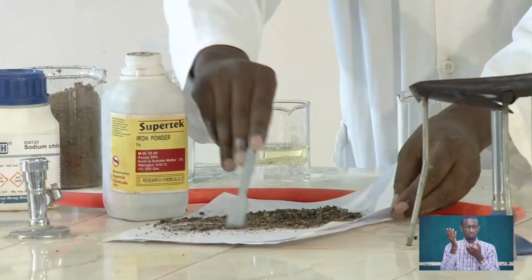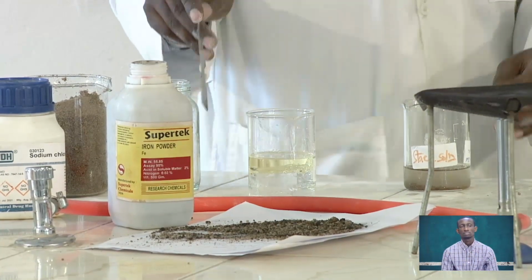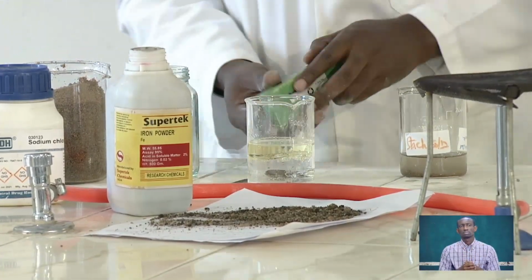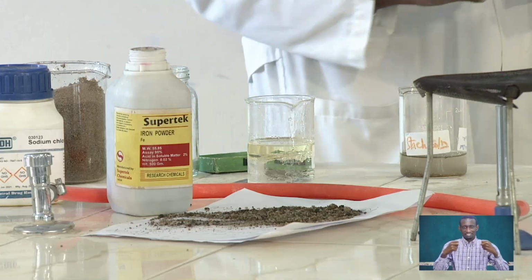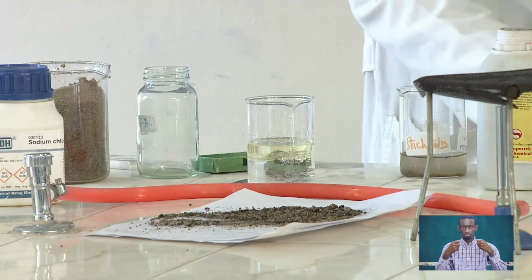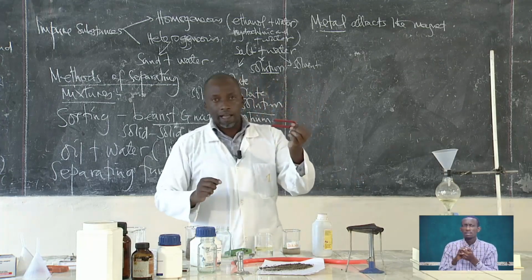So the method we use is very simple, as I've mentioned, the magnet. You use a magnet. And the only property that is employed here is that this metal which is mixed with the sand attracts the magnet.